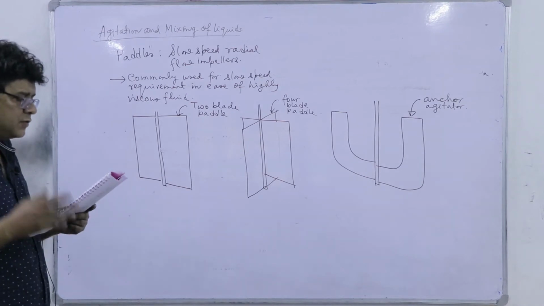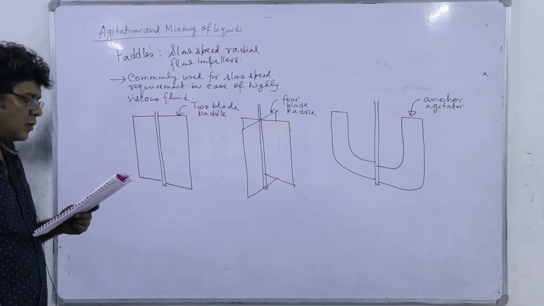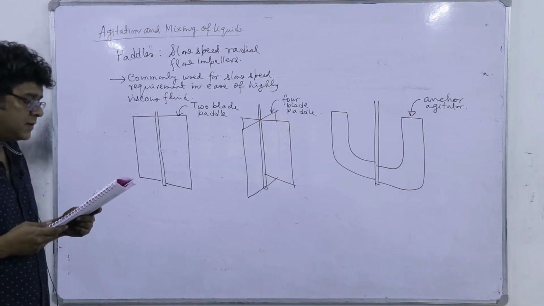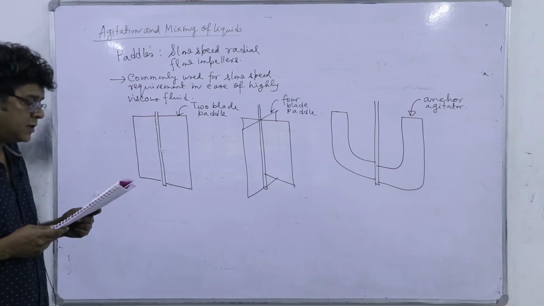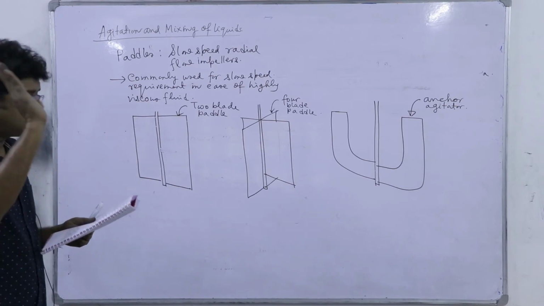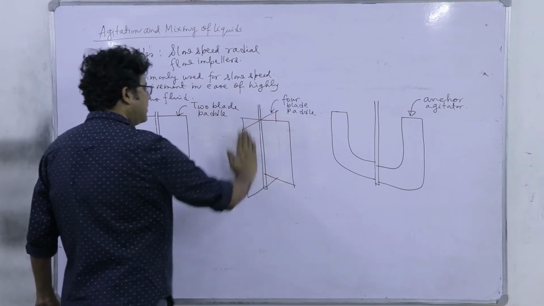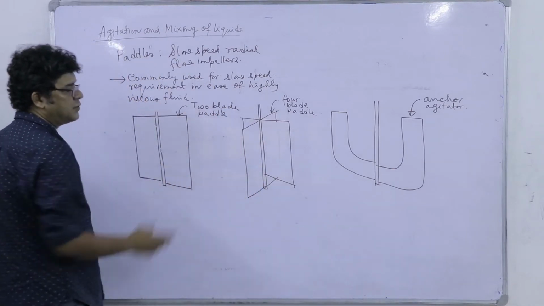But mostly we use vertical paddles. It turns at slow to moderate speed in the center of the vessel. They push the liquid radially and tangentially with almost no vertical motion from the impeller, unless the blades are pitched. Whenever you pitch the blades, meaning inclinations, these blades will no longer be straight, they will be slightly inclined, and so they will produce an axial motion.